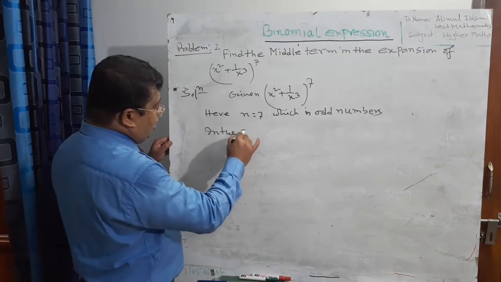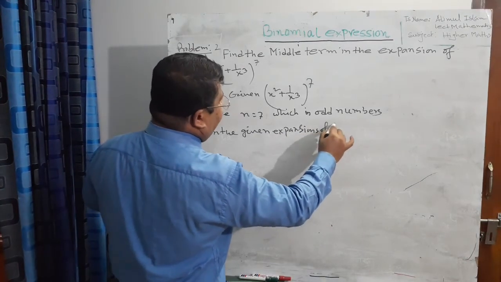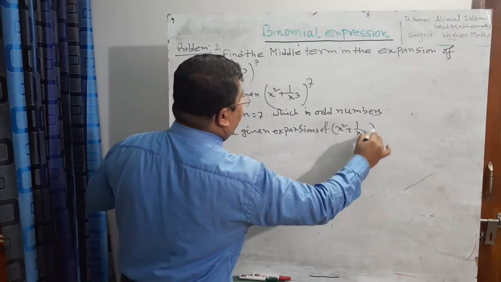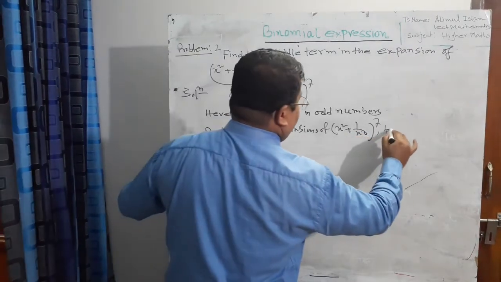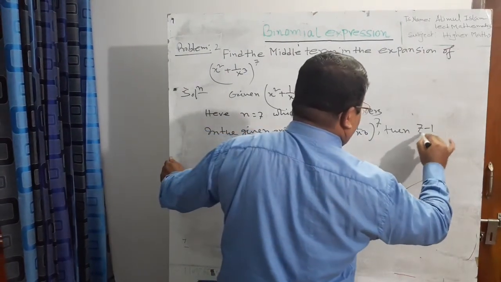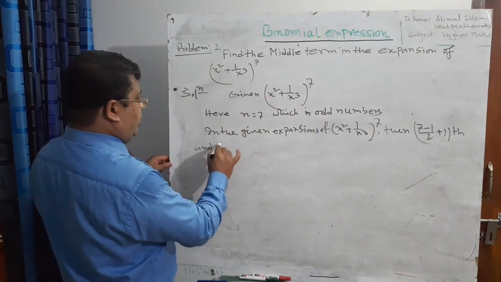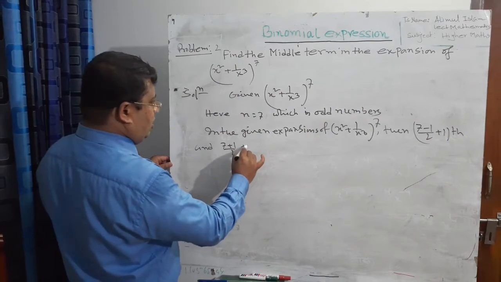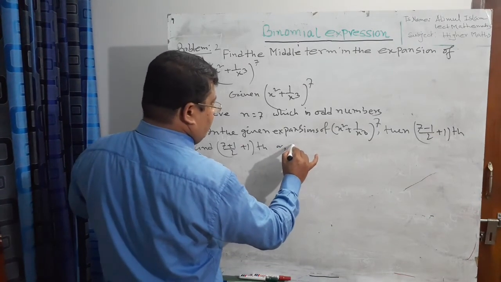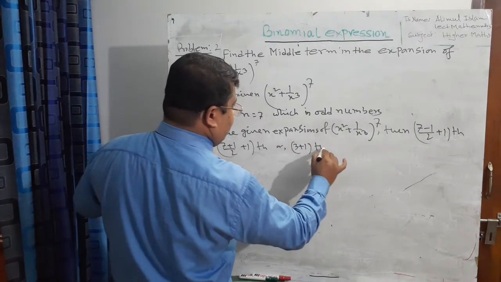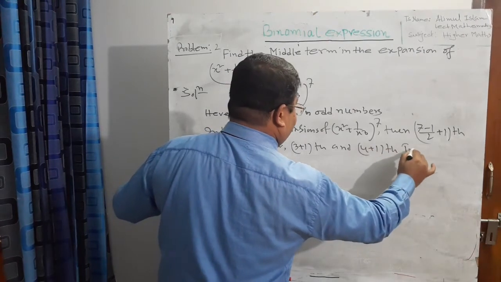In the given expansion of (x squared plus 1 by x cube) to the power 7, you write (7 minus 1) by 2 plus 1 and (7 plus 1) by 2 plus 1, or 3 plus 1 and 4 plus 1 term.